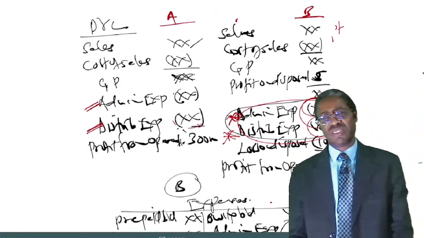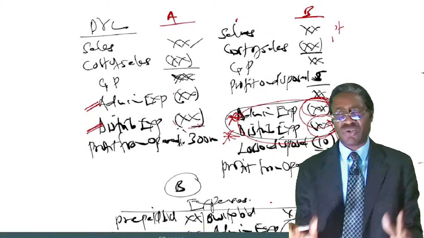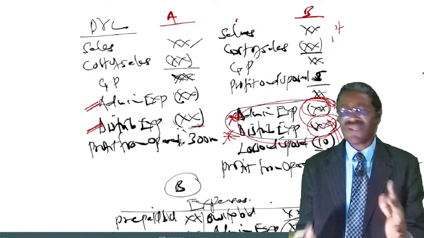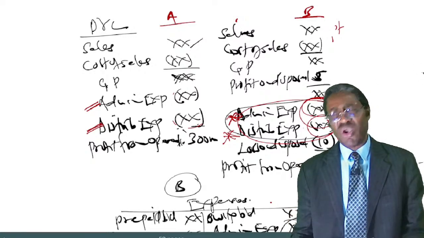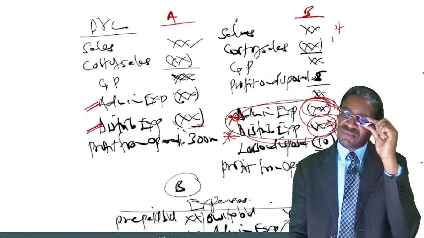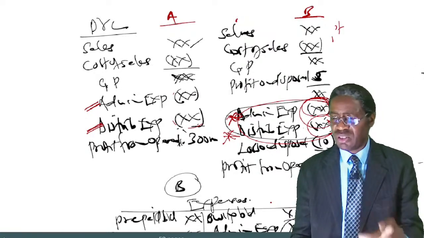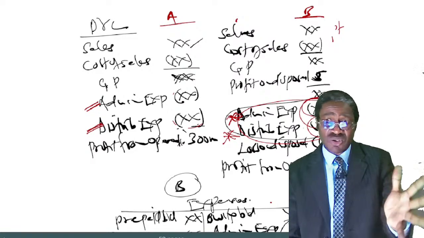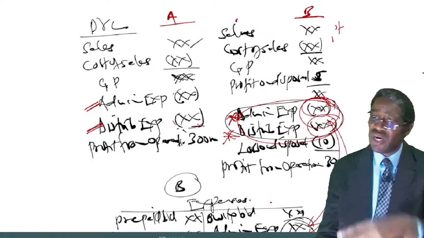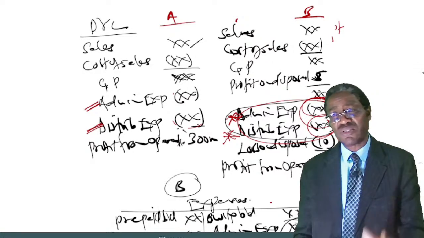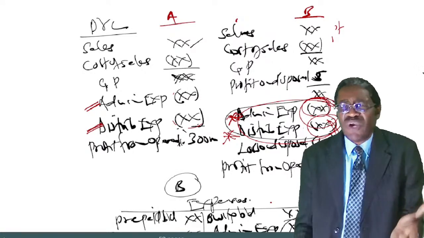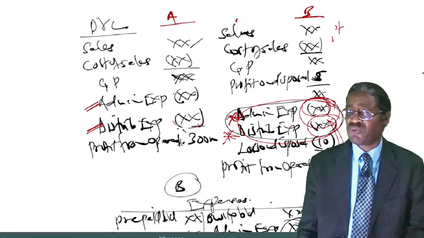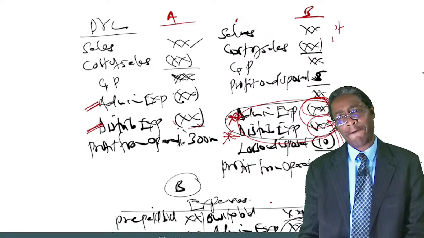Accountant number A, using the same records, has not told us where he used his 5 million. Yet we know the company made a profit. Maybe you read the additional information somewhere and it told you we sold a motor vehicle and made a profit of 5 million. But I can't see where accountant A has used his 5 million, yet the company made a gain on disposal of 5 million.